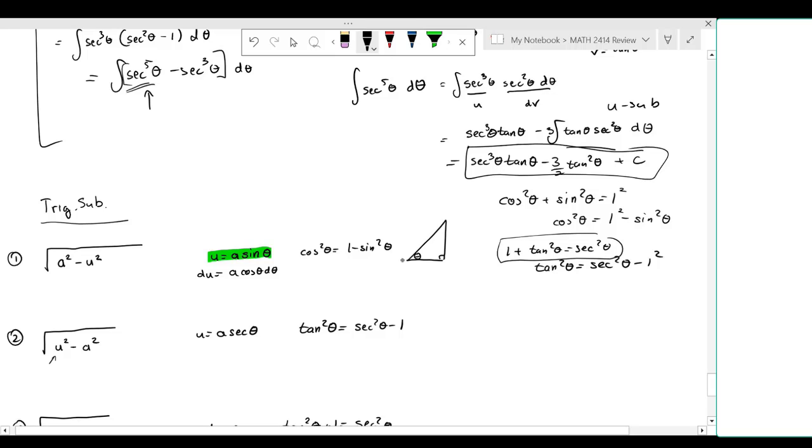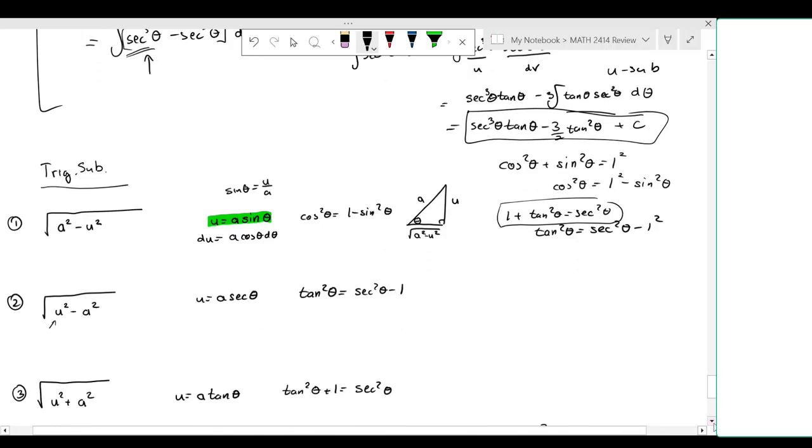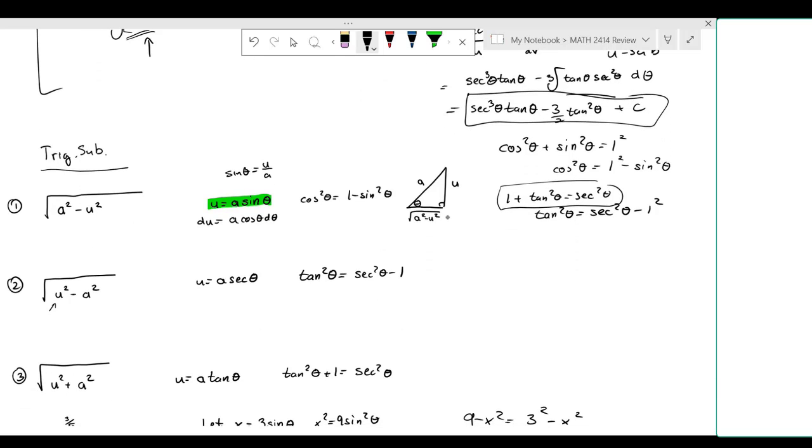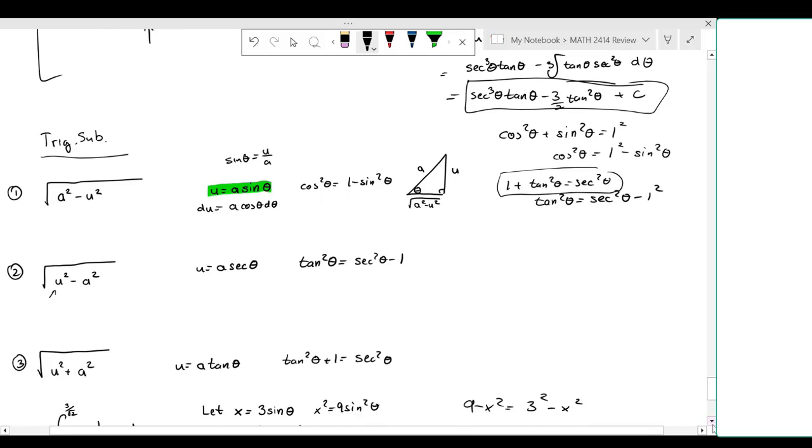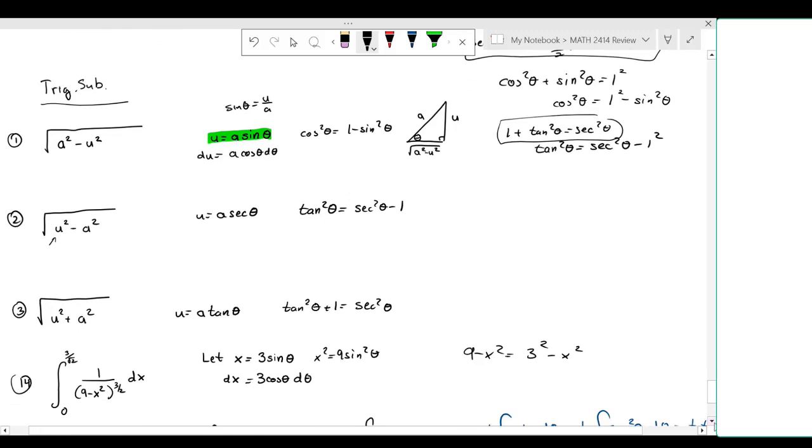Label one of the angles theta, and we see sine of theta is u over a, the ratio of opposite to hypotenuse. Complete the third side using the Pythagorean identity, and then you can read off the trig function of theta.